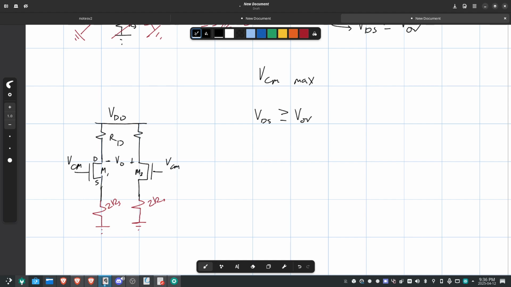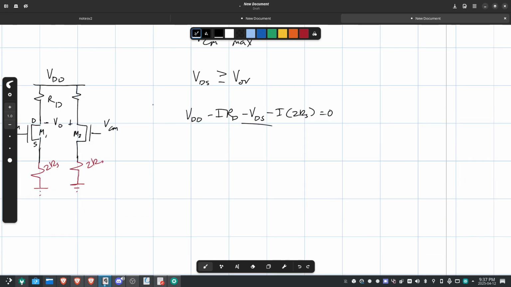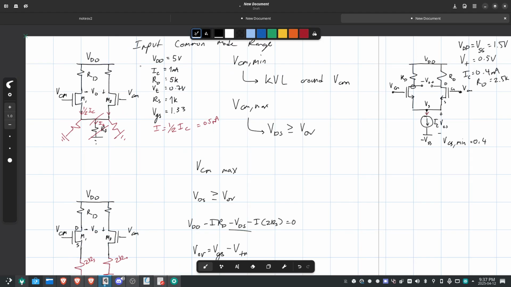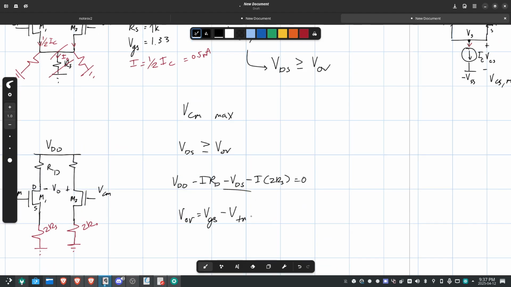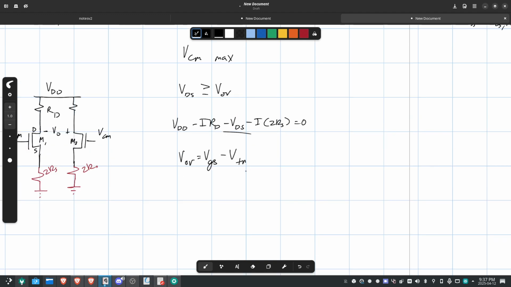This is D, this is S. So let's do some Kirchhoff's voltage law. VDD minus IRD minus VDS minus I times RS is equal to 0. We can isolate for VDS because we know all of these other variables. Meanwhile, for VOV, we don't know VOV, but we know that VOV is VGS minus VTN. Do we know VGS? Yes, we're given it. In the original study hall, I had to find VGS, but that's beside the point.